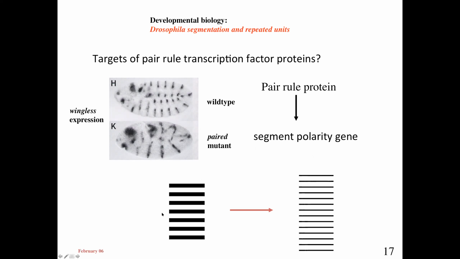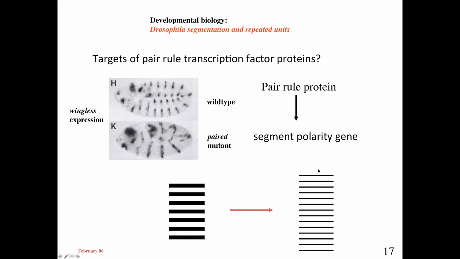So it was gradually being divided from 3 to 4 stripes of the gap genes, you got the 7 pair rule gene expression pattern, and from the 7, the division of expression of the segment polarity gene was seen into 14 different stripes.